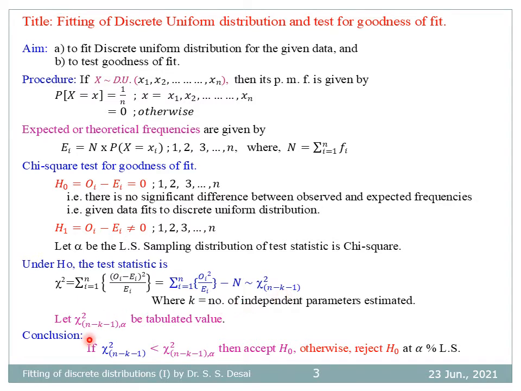Let chi-square with n minus k minus 1 at alpha be the tabulated value of chi-square for n minus k minus 1 degrees of freedom. We will get this from statistical tables under the title chi-square distribution. And finally, the conclusion is based on the comparison of calculated chi-square and table chi-square.